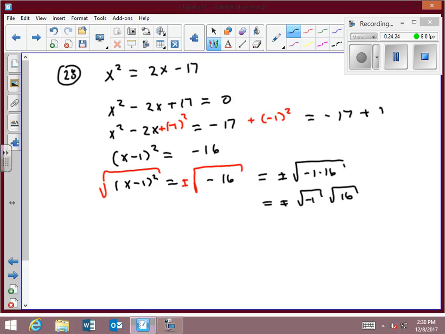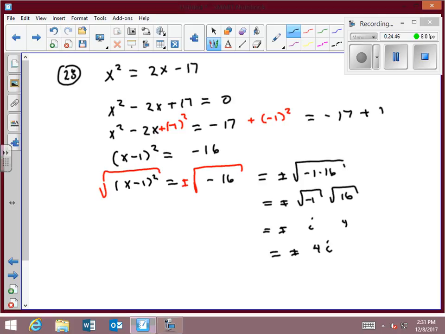Now, this is plus or minus. The square root of 16 is 4. But what's the square root of minus 1? i. Remember, I told you that's the imaginary number, part of the complex number system.